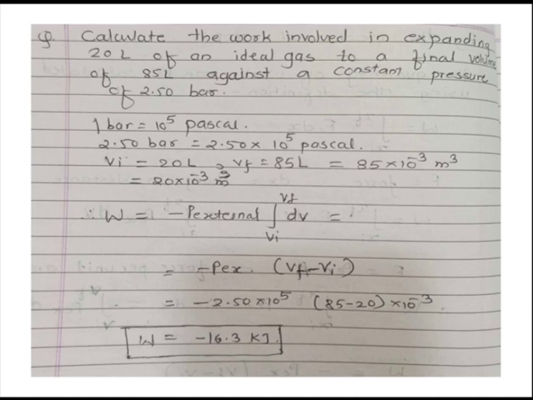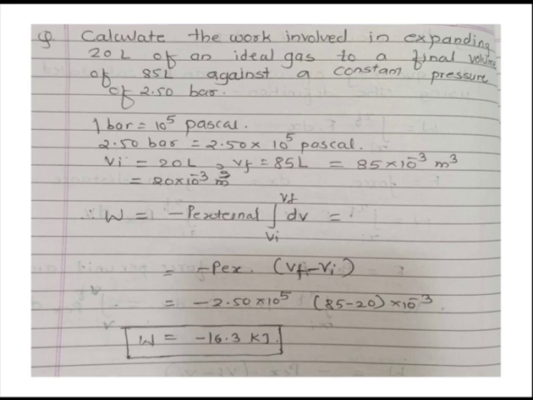The final volume is 85 liter and the initial volume is 20 liter. So Vi is 20 liter and Vf is 85 liter. Convert into meter cube: 85 into 10 raised to minus 3 meter cube, and 20 liter is 20 into 10 raised to minus 3 meter cube.